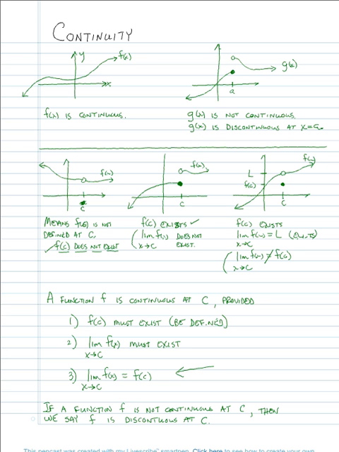It can be done by substitution, provided we have a continuous function. So the substitution method of calculating a limit works when we have a continuous function.